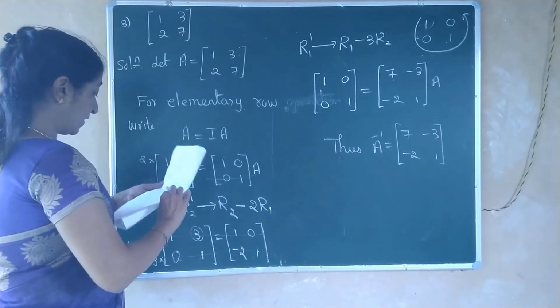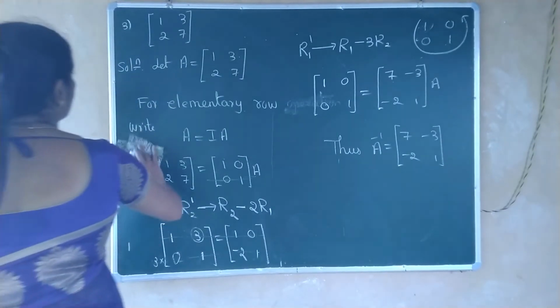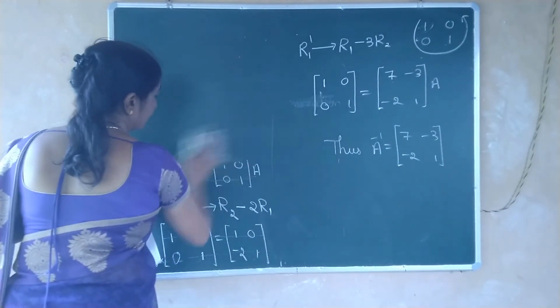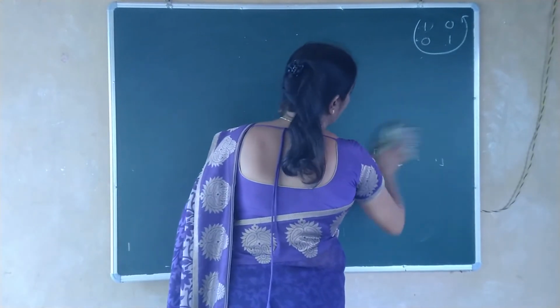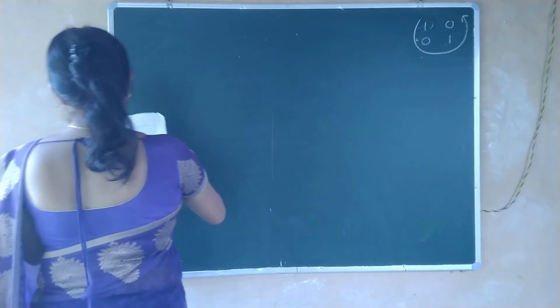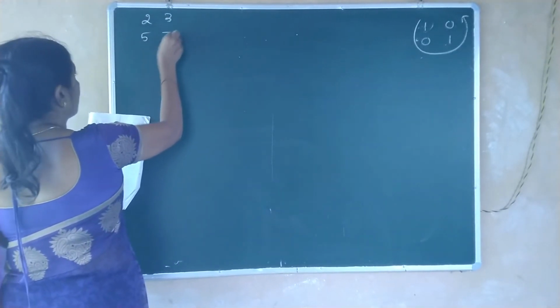See, again I am explaining one more example. I will make you perfect, then only I will move on. Don't worry. This is 4 1 2 3 5 7.